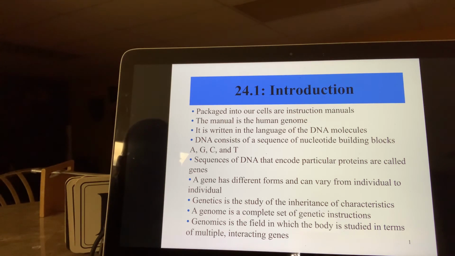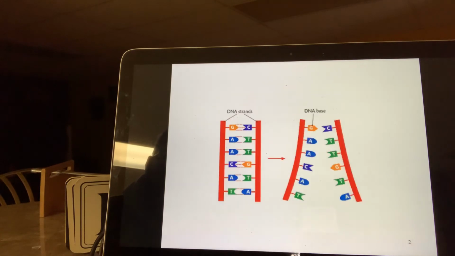Genetics is what we're going to talk about today and in the second half of this lecture, and it is the study of inheritance and characteristics that are passed along from one generation to the next by the DNA of the cells. The genome is the complete set of all of the genes in an individual, and genomics is the field in which the body is studied in terms of how those genes interact with one another.